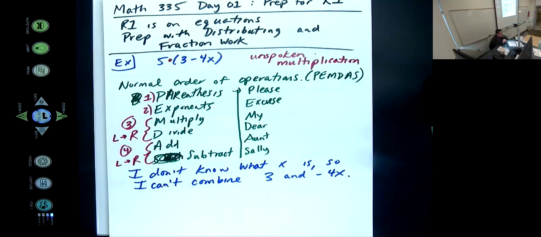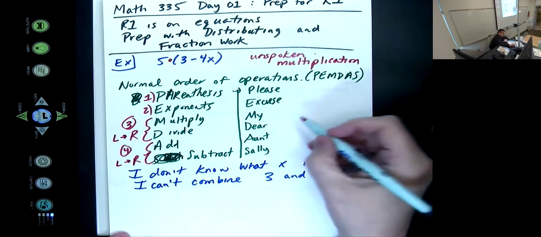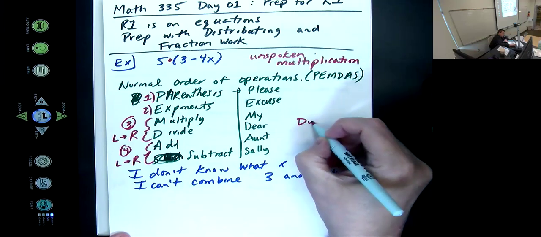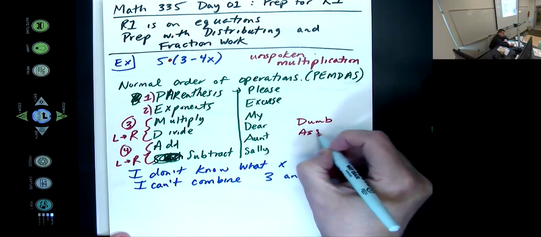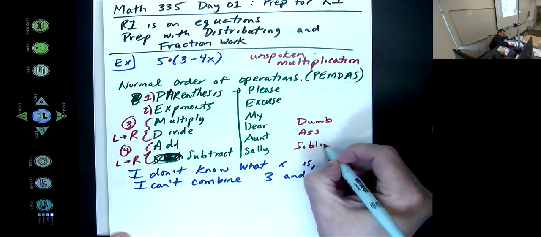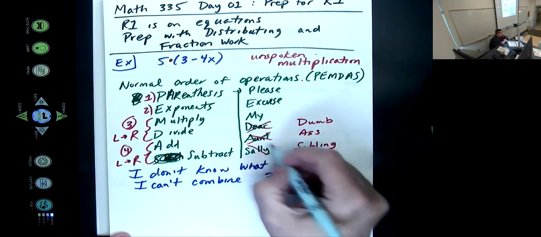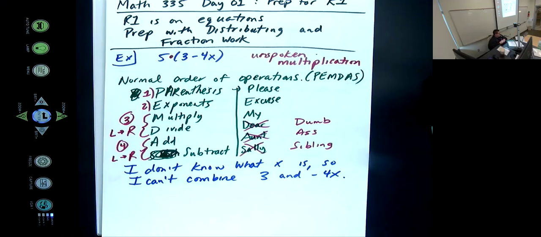I don't have a Sally in my family at all. I do have a sibling. Please excuse my dumb sibling. If you don't have a sibling, you'll have to pick something else. But one of these days, my brother is going to watch one of these videos and eventually see that I'm referencing you. Hi, Ryan.